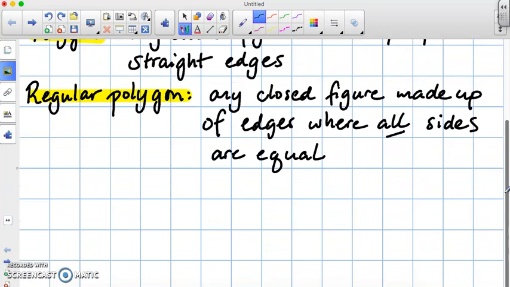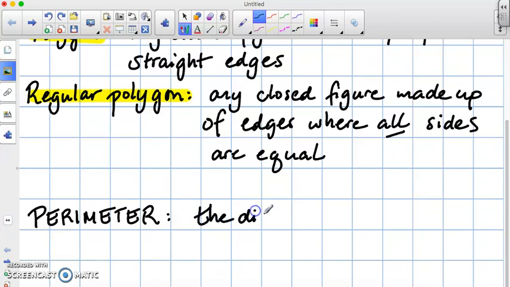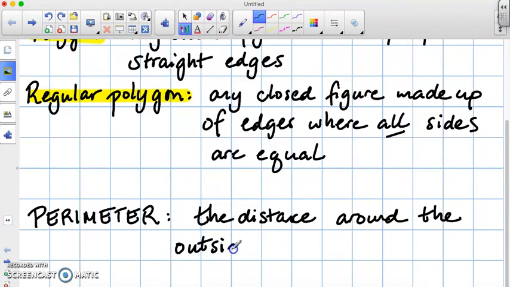And you can box this definition out too. So the perimeter, as you would have watched in the Math 6 Spy Guys video, perimeter refers to the distance around the outside of an object.